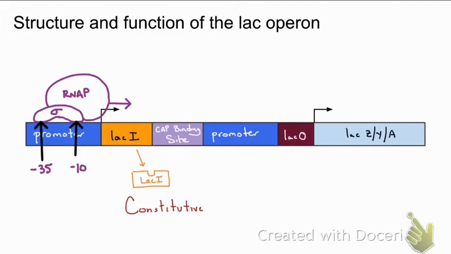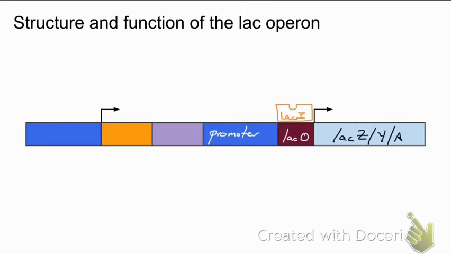In other words, what we mean is that this LacI gene is always being expressed. That's a little bit different than what we find in the rest of the operon, in which gene expression is regulated, meaning it's going to be controlled by the binding of proteins to that CAP binding site, the promoter, and the LacO, or that operator site.